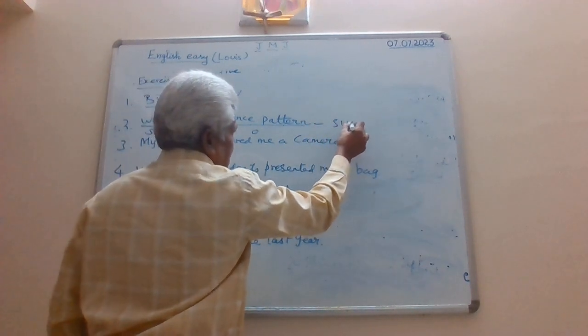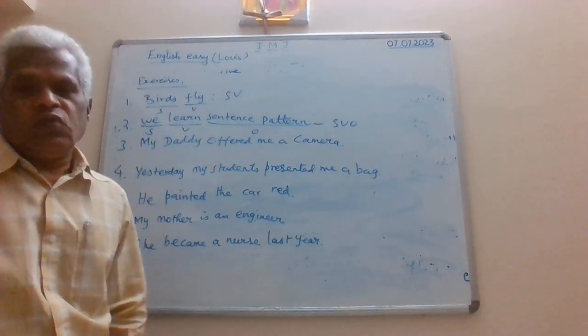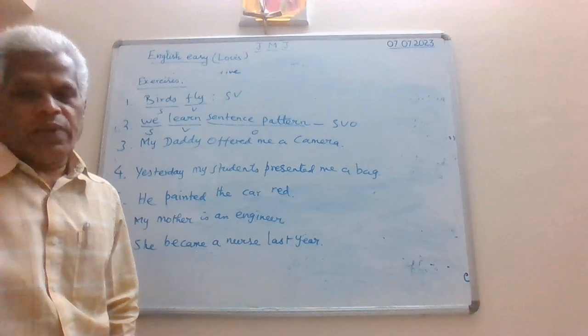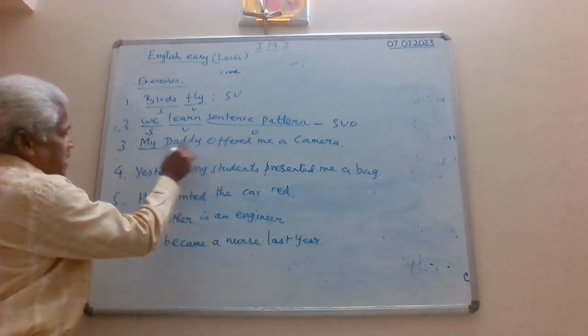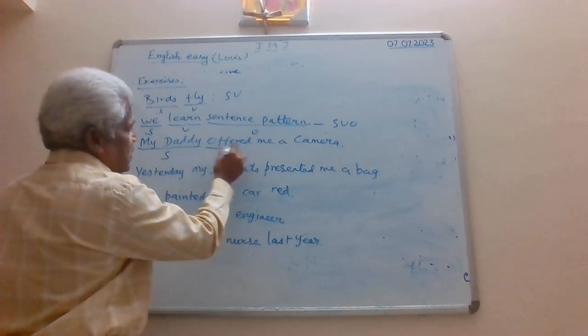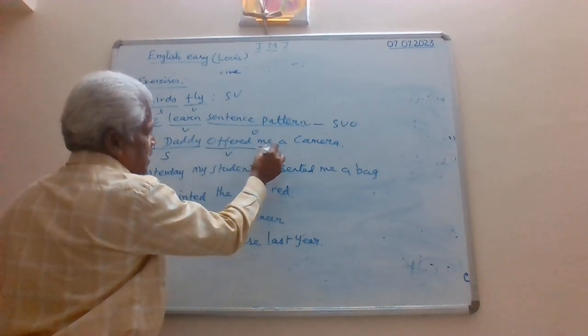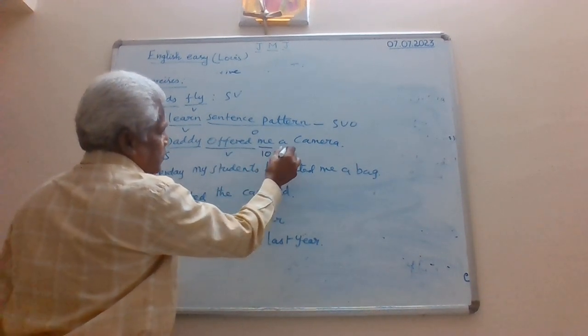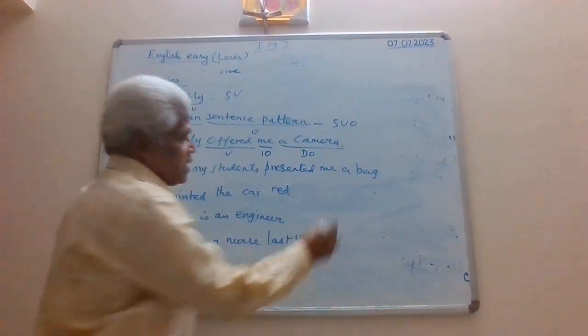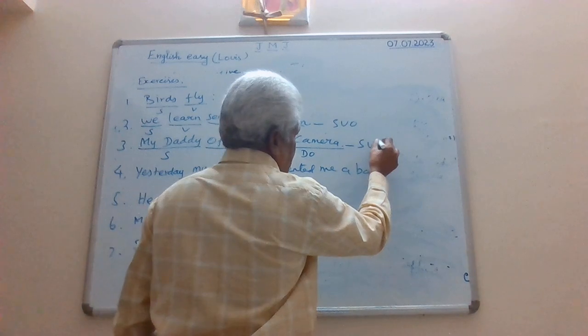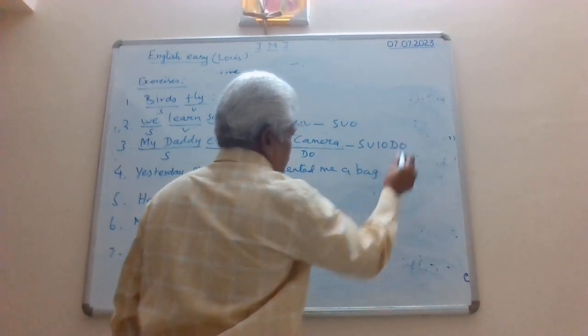Therefore this is an example for the SVO pattern. For the next one, my daddy is your subject, offered is your verb, me is the indirect object, a camera is the direct object. So therefore, this is an example for SV IO DO.